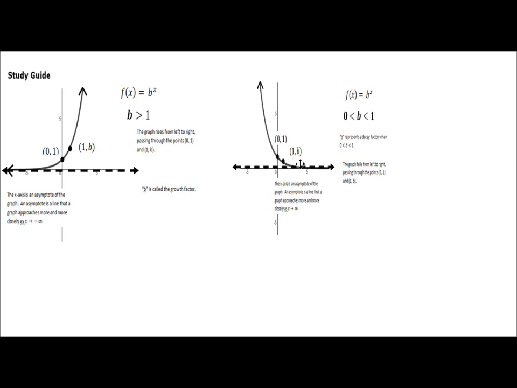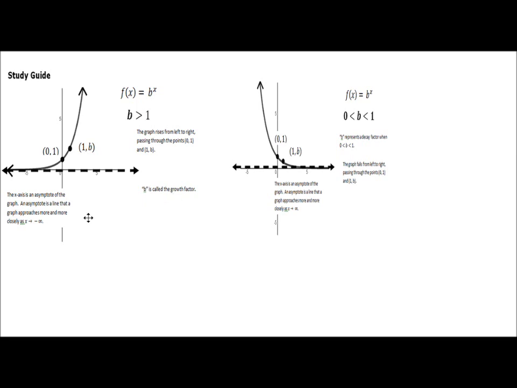So this curve approaches the x-axis, but never touches it. So that's how you define an asymptote here. An asymptote is a line that the graph approaches more and more closely as x tends to infinity. You see that 0, 1 is again the y-intercept here, and 1b is another point lying on the graph. So this is how you define the parent function for an exponential function.